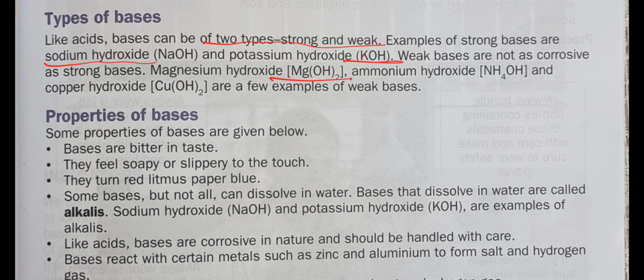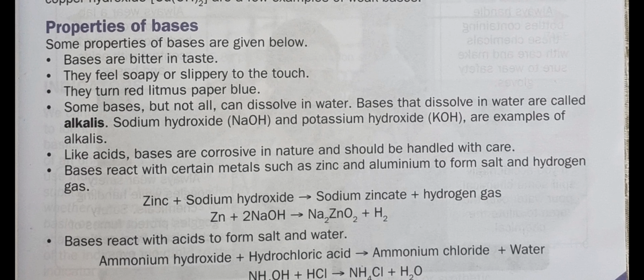Magnesium hydroxide, Mg(OH)2, ammonium hydroxide, NH4OH, and copper hydroxide, Cu(OH)2, are a few examples of weak bases.